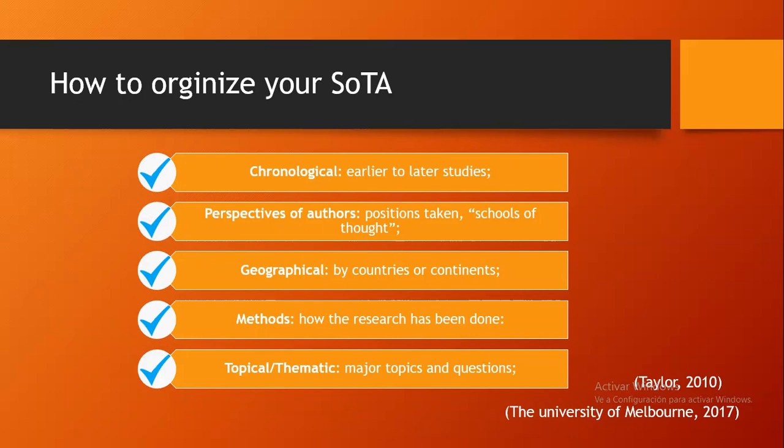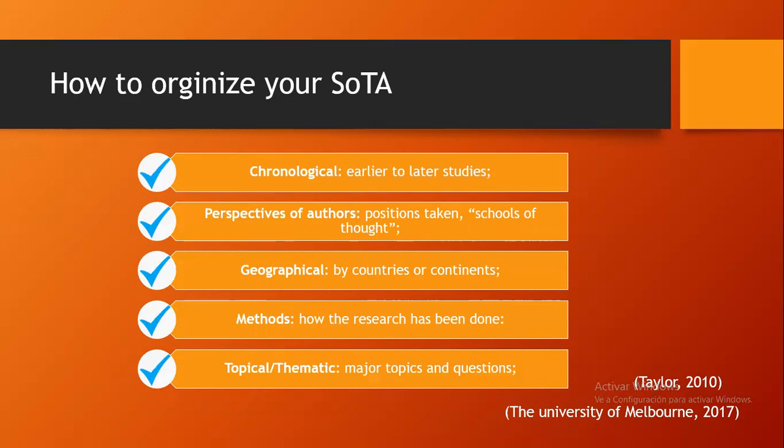You can organize them in different ways. Chronologically, starting from earlier studies and moving on to the later ones, by perspectives of authors, what positions they take, to what schools of thought they belong. You can also represent the information geographically by countries and continents. You can adopt a methodological approach, stating how the research has been done, or a thematic approach, indicating main concepts, topics, and questions.